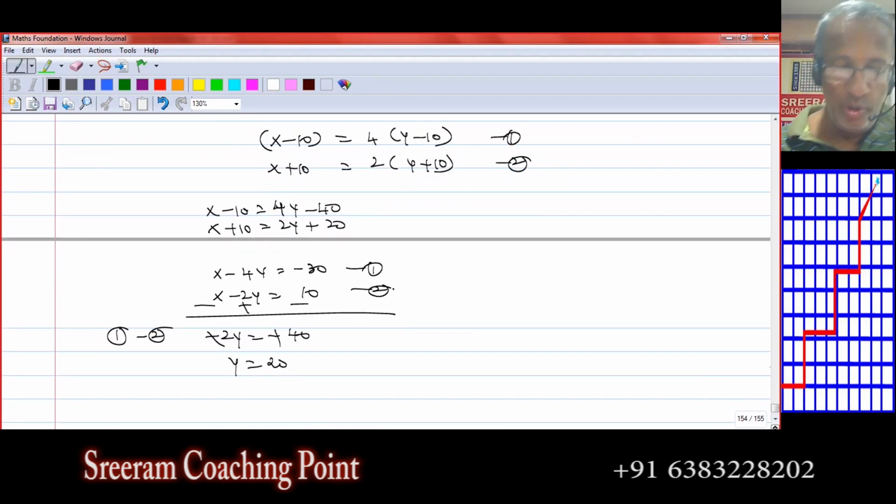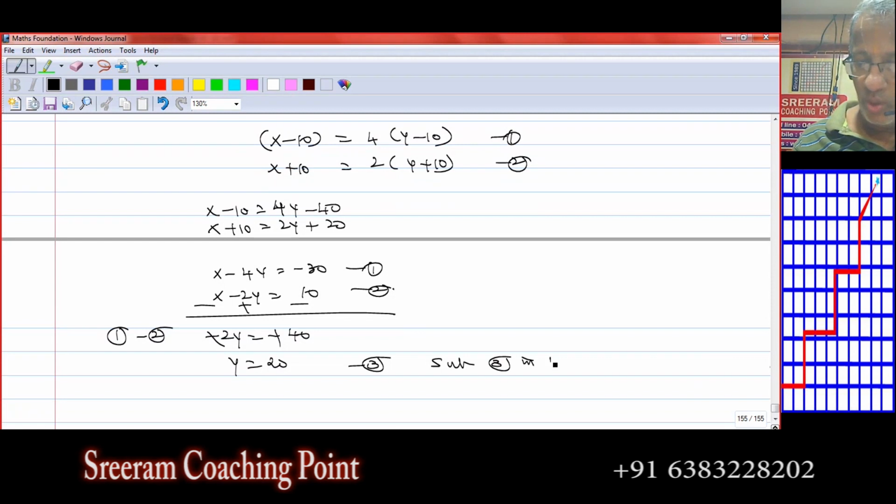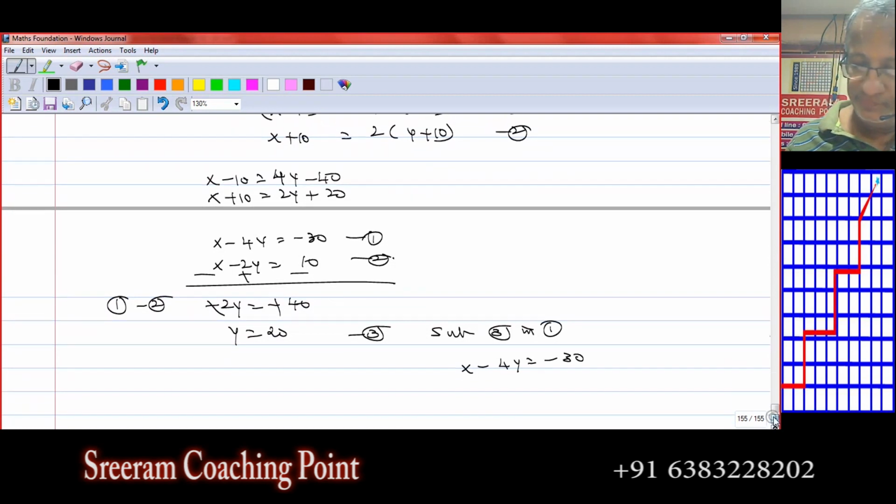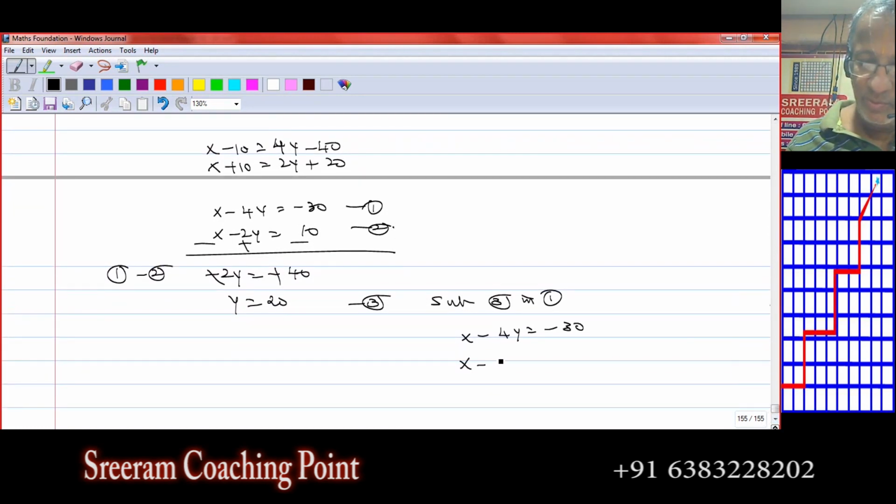Y is equal to 20. So this is item number 3. Substitute 3 in 1. X minus 4Y equal to minus 30. X minus 4 into 20 equal to minus 30.